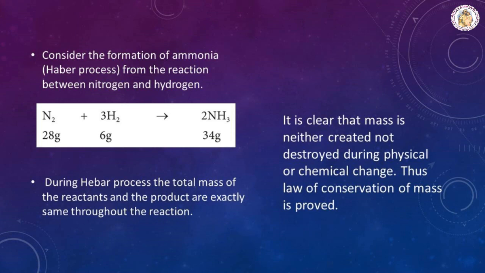Now, what is the mass of the product, the ammonia? It is 34 grams. So during the Haber process, the total mass of the reactants and the product are exactly the same. Now it is clear that mass is neither created nor destroyed during a physical or chemical change. Thus, the law of conservation of mass is proved.